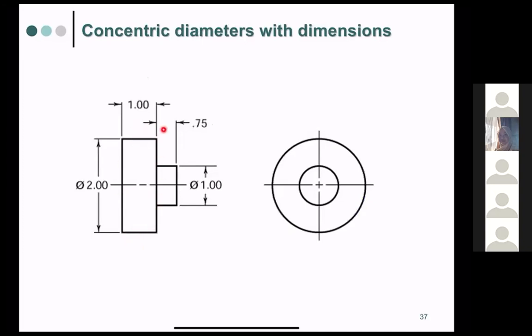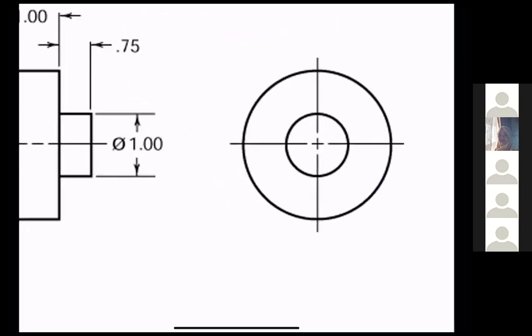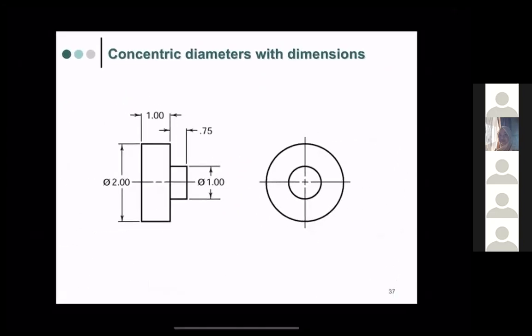put a circle or a cylinder part together like this, with concentric diameters. So this is 2, for example, and this is 1. Okay, I once had an example of this at the workshop in my university.